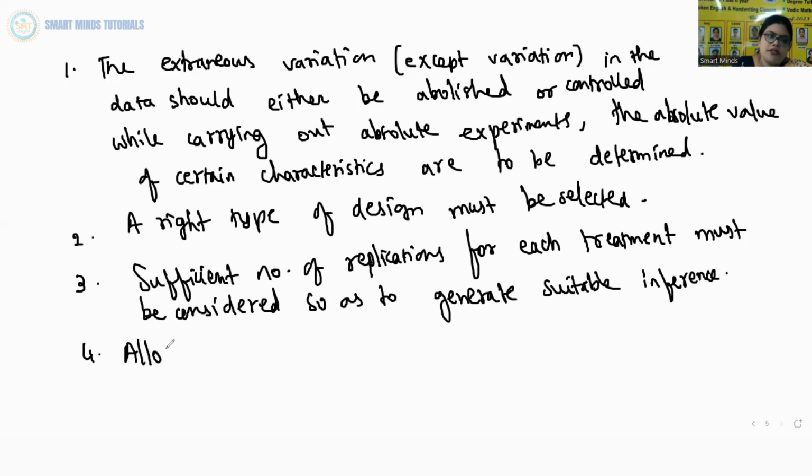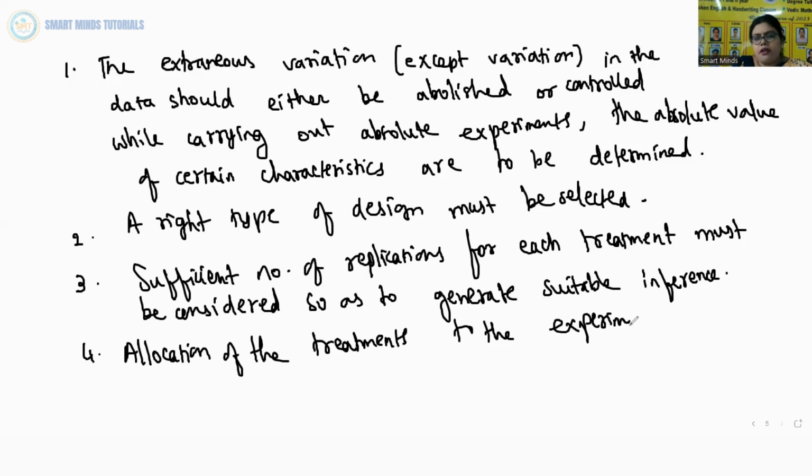Number 4 is allocation of the treatments to the experimental units shall be done randomly.